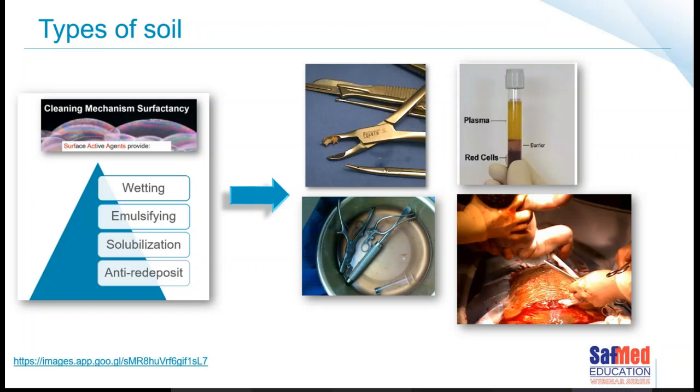Otherwise, as you take it out, all the soils deposit again back on your instrument. Of course, when we perform surgery, our instruments are exposed to all sorts of body components: blood, muscles, nerve tissue, brain tissue, urine, glycol, bowel, and potentially feces, for all you know.